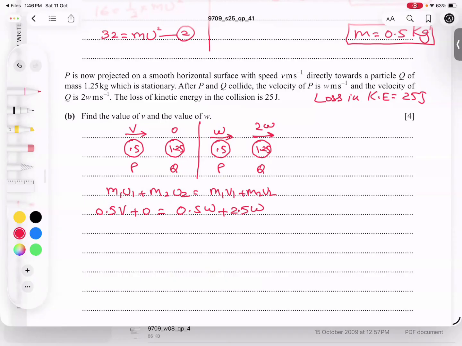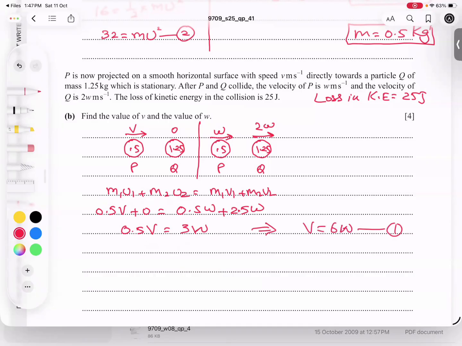So I got 0.5 v is equal to 3w. If I divide it down, 3 by 0.5 gives us 6. So v is equal to 6w. I'm writing it here: v is equal to 6w, equation number 1 done.